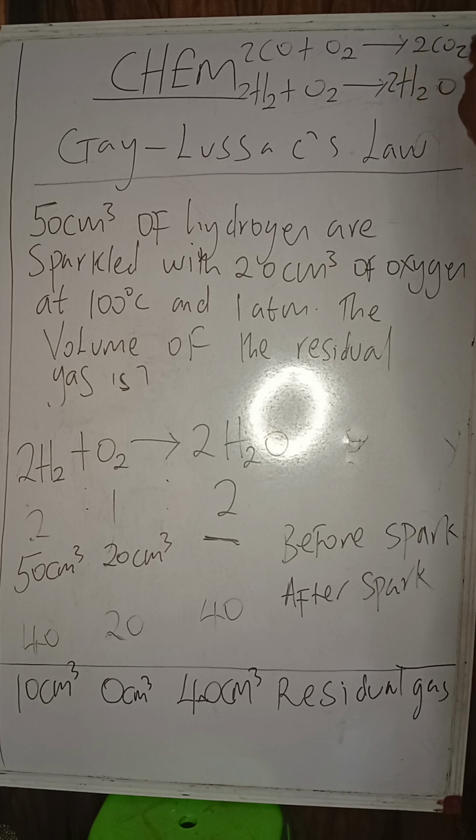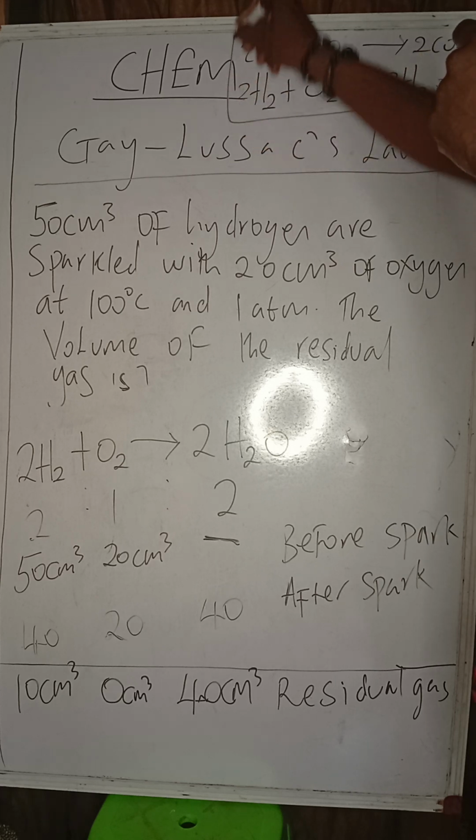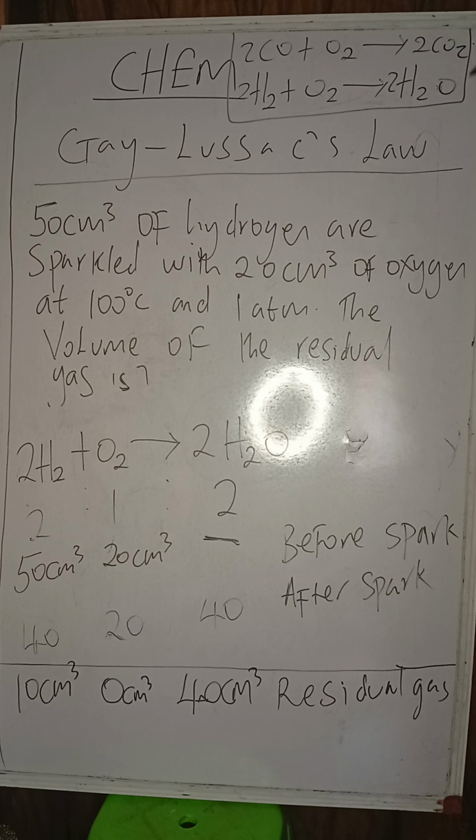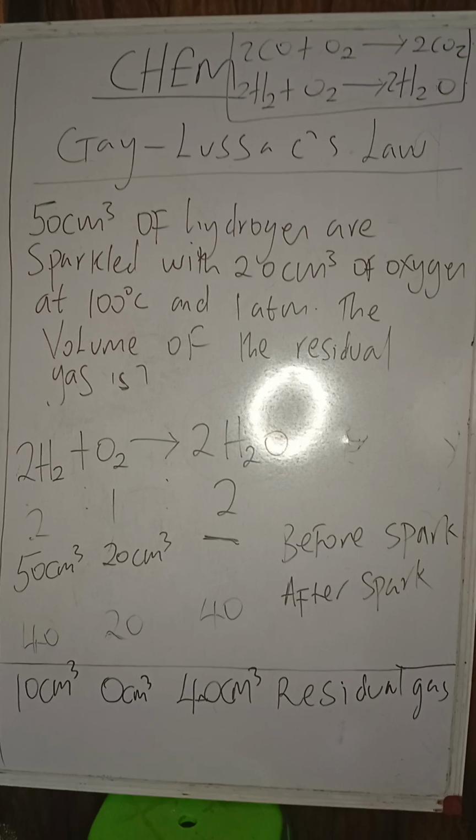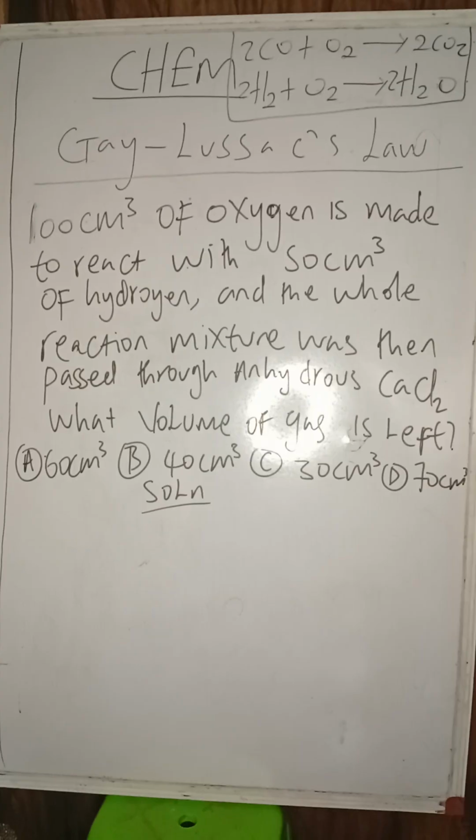For most of the JAMB questions I've seen, they are basically of these two types of reactions. So you need a balanced equation to always solve questions on Gay-Lussac's law. CO is carbon(II) oxide, CO2 is carbon(IV) oxide. So we'll move on quickly to the next example.